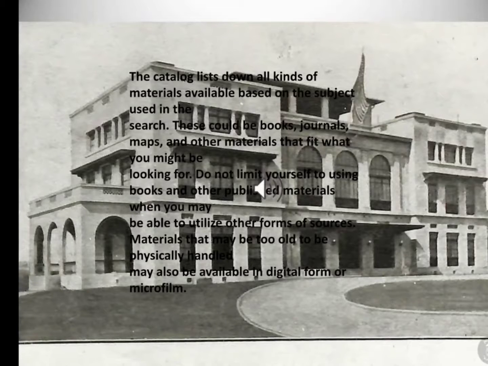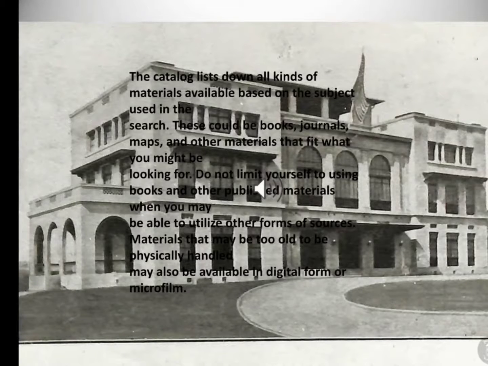Do not limit yourself to using books and other published materials when you may be able to utilize other forms of sources. Materials that may be too old to be physically handled may also be available in digital form or microfilm.